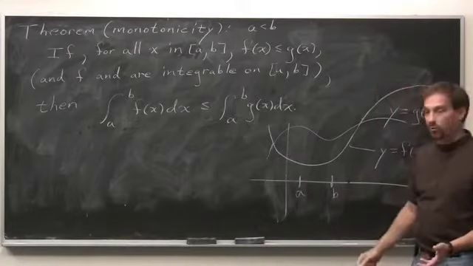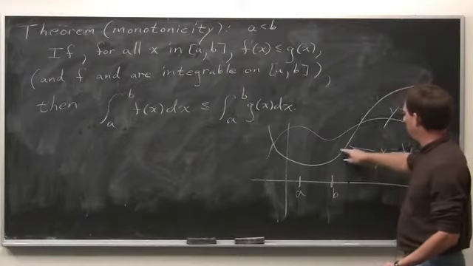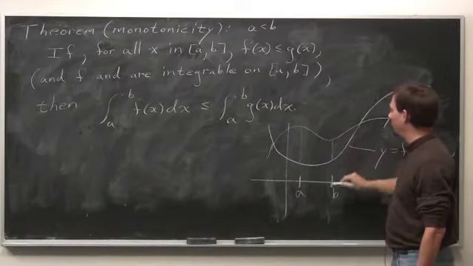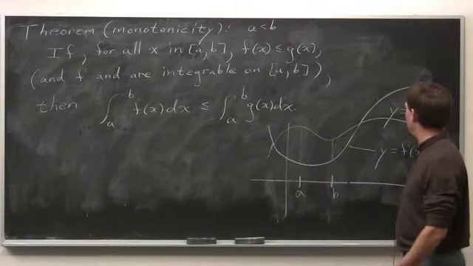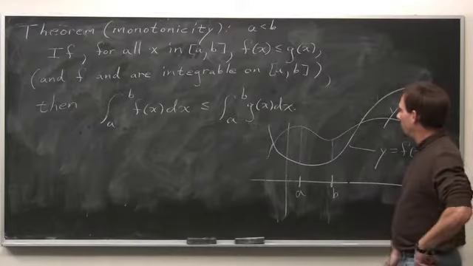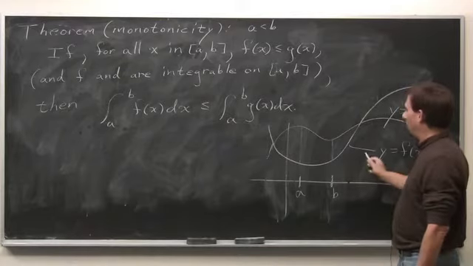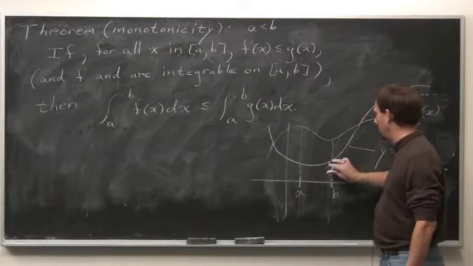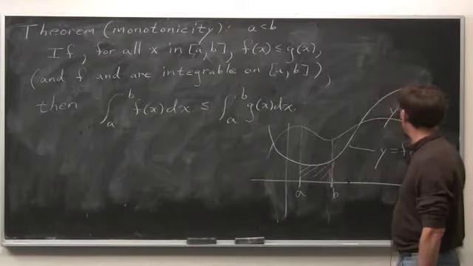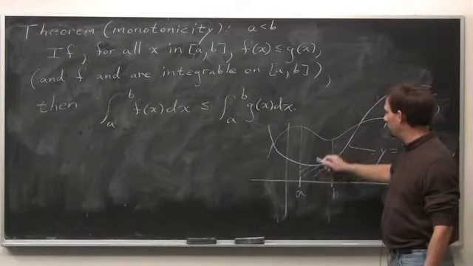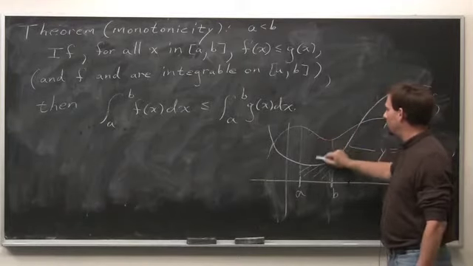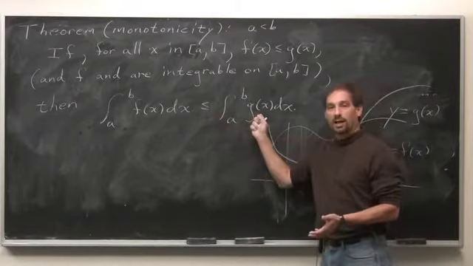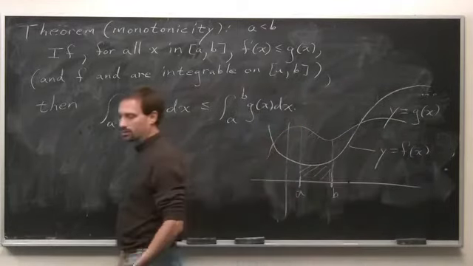So that on the interval from a to b, the value of f of x is, in my picture, strictly less than the value of g of x. But certainly it's less than or equal to it. And what we're saying is then that the f integral, which would be represented by this area, is less than or equal to the g integral, which would be represented by that area plus this area. So, of course, in my picture, that integral would be strictly less than this. So this is called monotonicity. It's important.